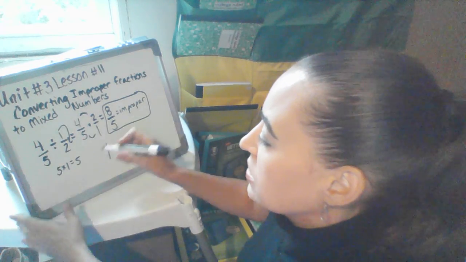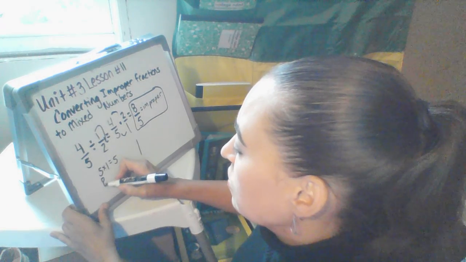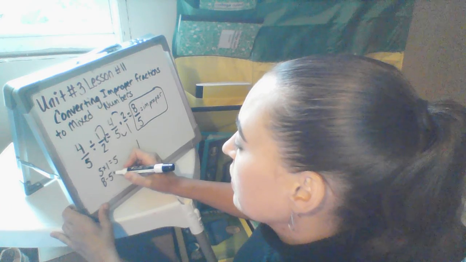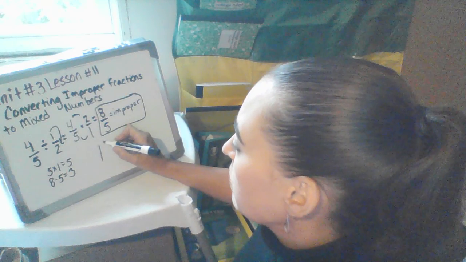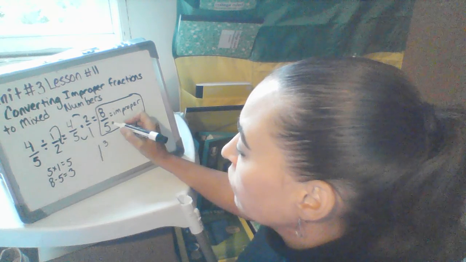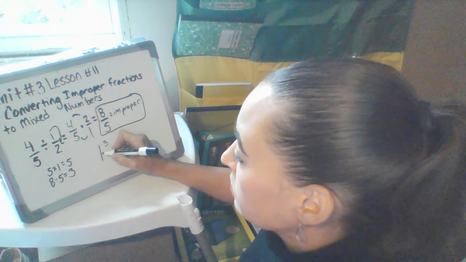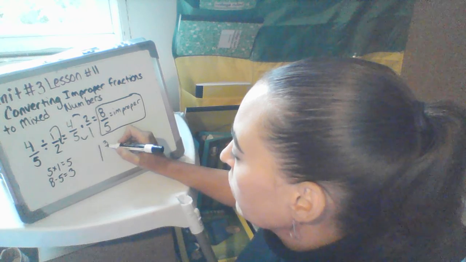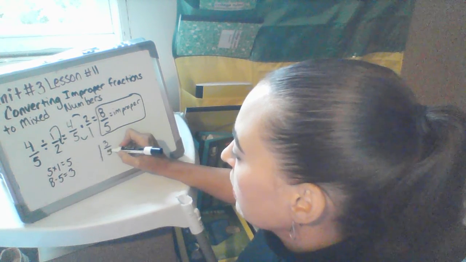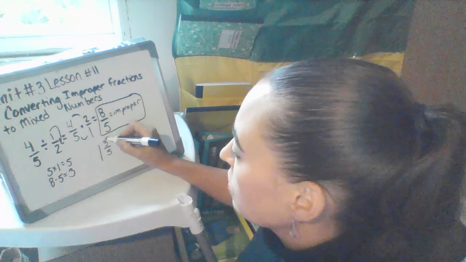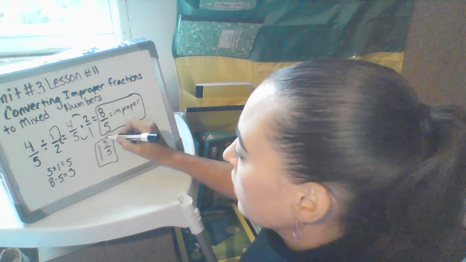Now you take your numerator, 8 minus 5 gives me a remainder of 3. So I have 1 whole, 5 goes into 8 one whole time with a remainder of 3, and you keep your denominator of 5, so 3/5. So your final answer is 1 3/5.